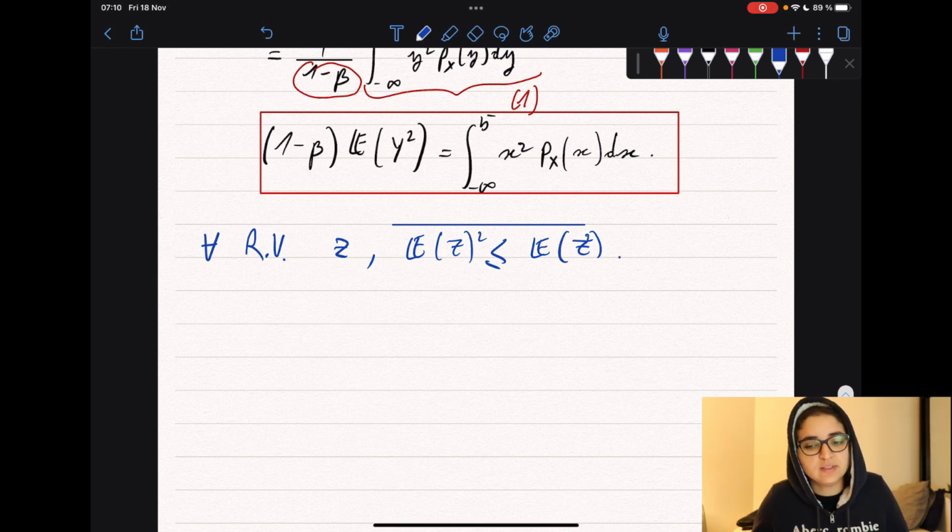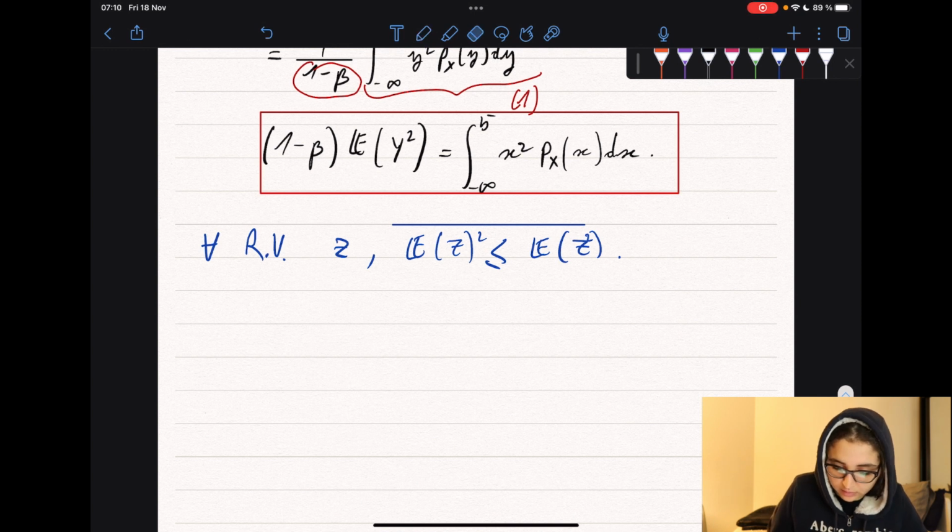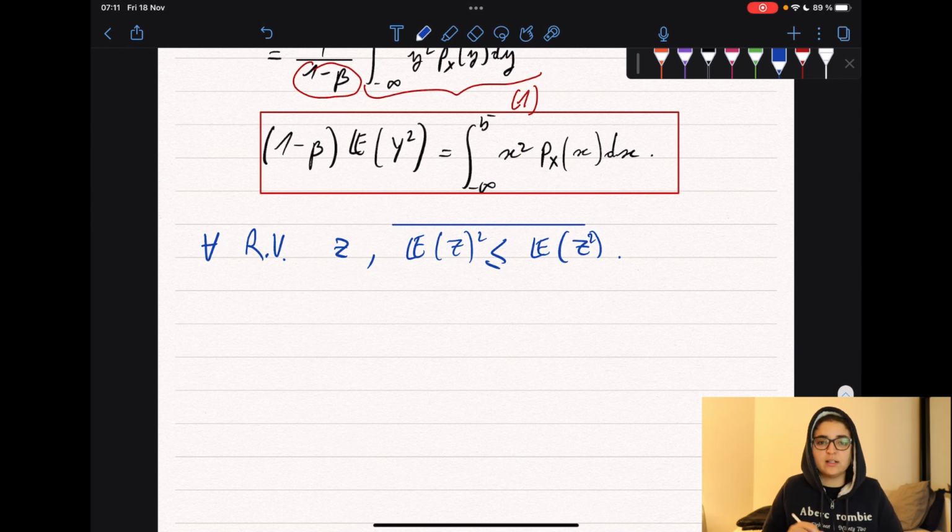And this can be easily proven by just using some formulas and reaching this conclusion. We're not going to get into that proof today, so we're just going to take this for granted.